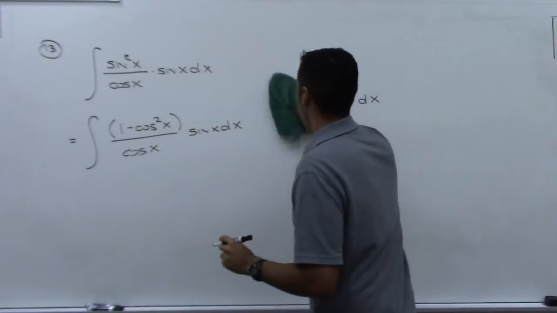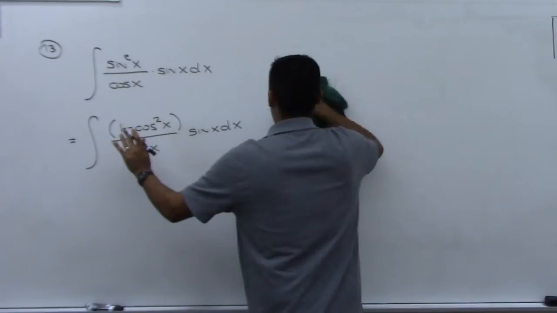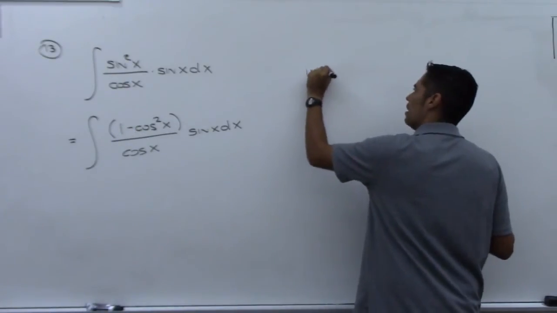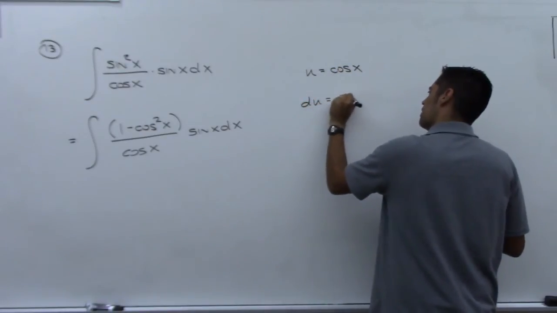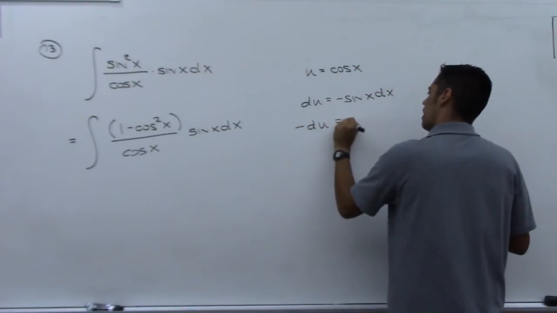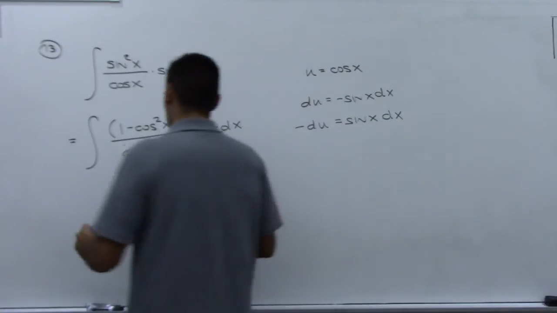And now I've got everything over here in terms of cosine, which is going to be my u, and the derivative of it is out here, basically. I'm off by a sign, but I'm going to let u be cosine x. du is negative sine x dx. Negative du is sine x dx. So let's rewrite this integral.